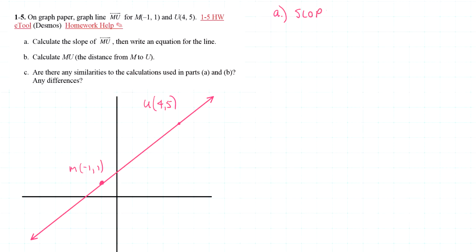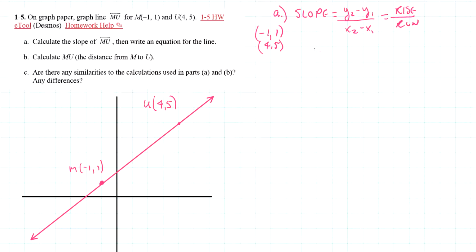I know that slope is y2 minus y1 over x2 minus x1, which, remember guys, is rise over run. So I can take these two points, (-1, 1) and (4, 5), and plug them into my formula.